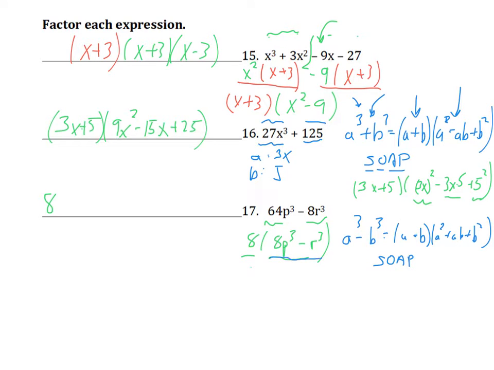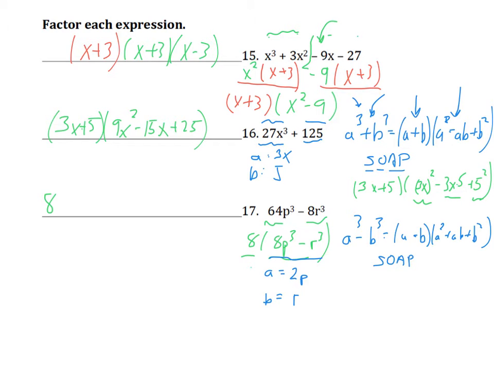Looking at what's in parentheses and trying to figure out our a and our b, one thing I want to mention is that oftentimes students might write something like 8p as their a here. But in reality, if you took 8p to the third power, you wouldn't get an 8p cubed back. You want to end up with 8p to the third power when you cube a. So in this case, a is 2p. b is r.